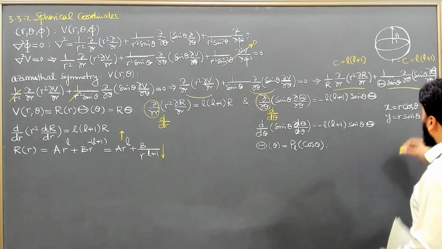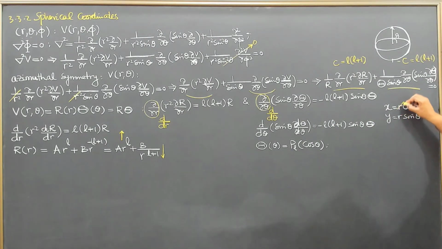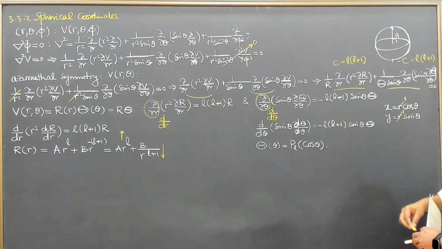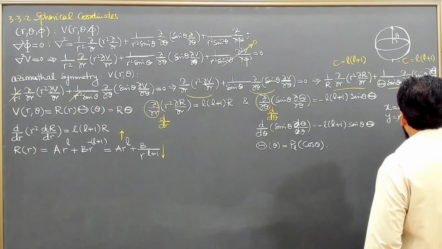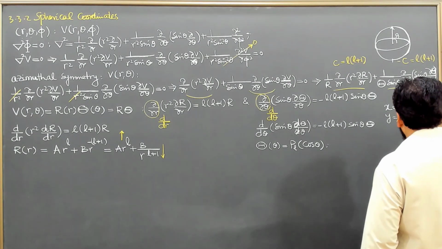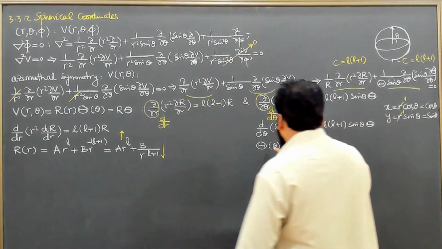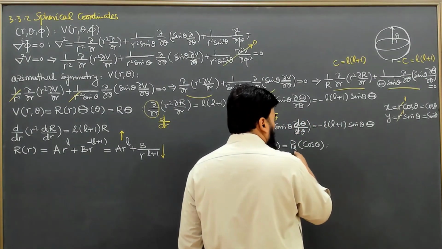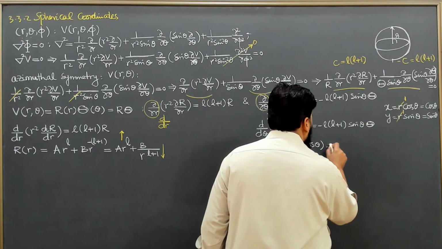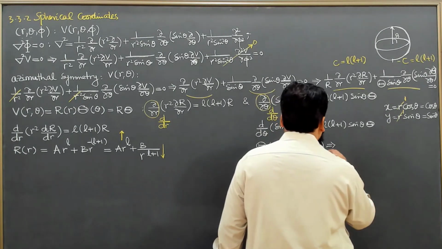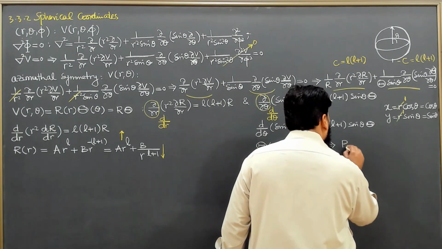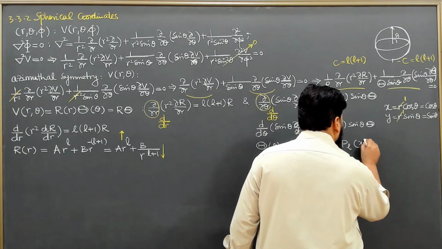When we consider a unit circle, r goes to 1. So we have x equal to cos theta and y equal to sine theta. These are the conversions we do. So big Theta of theta is PL of cos theta, and in terms of x, it will be PL of x.